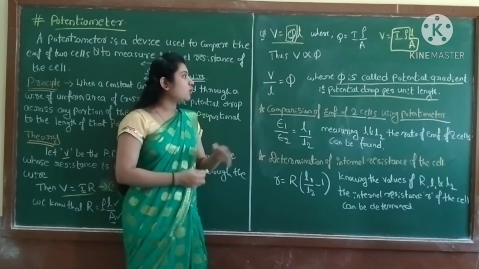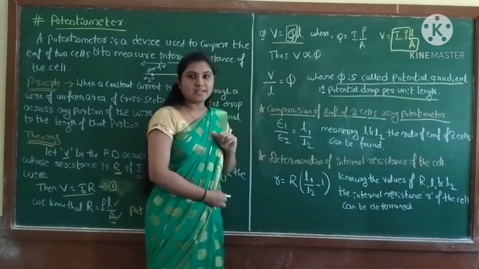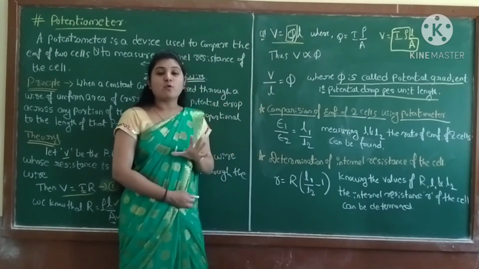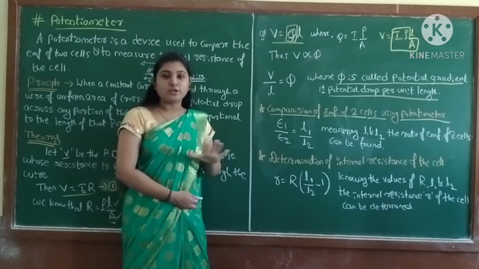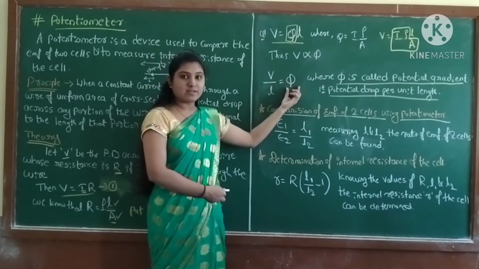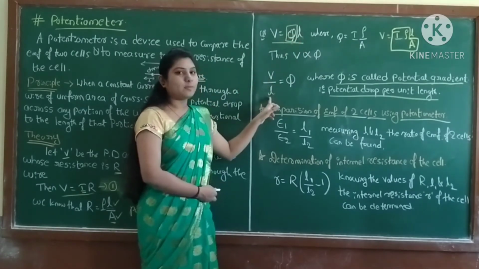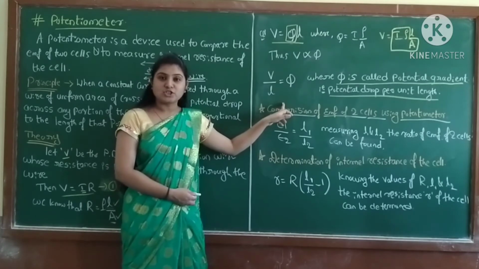Correct? So, we can write V is directly proportional to phi. Here V is equal to phi L we have. But now I want to define the potential gradient, so phi equals V, and this L will come in the denominator. Correct?